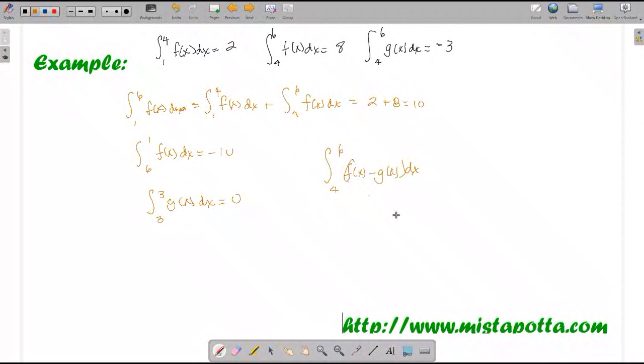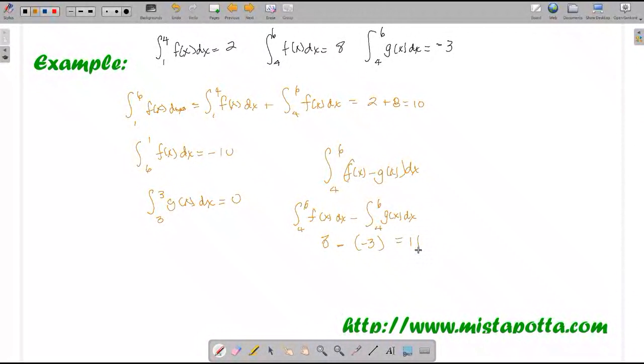Because from the property of integrals, this should be the integral from 4 to 6 of f minus the integral from 4 to 6 of g, which would give me 8 minus a negative 3, or 11.